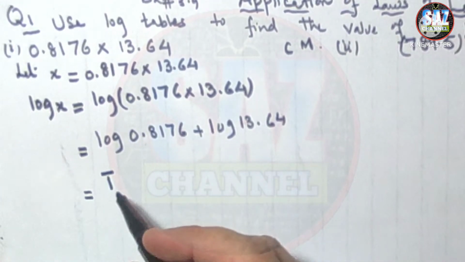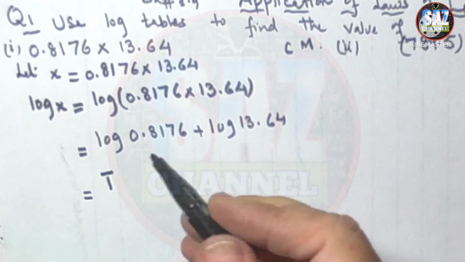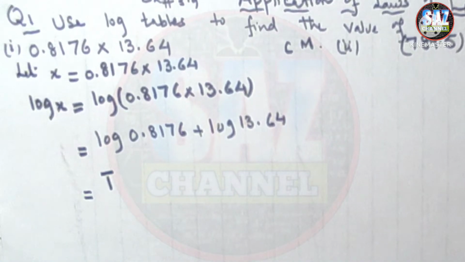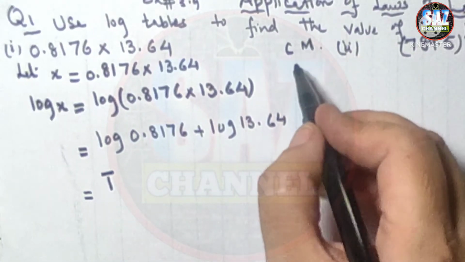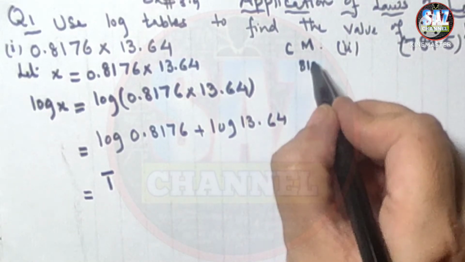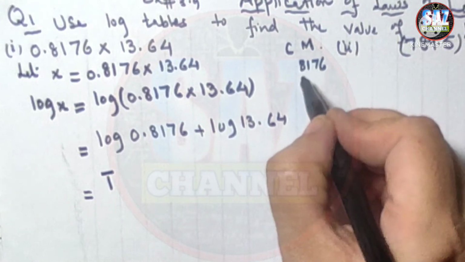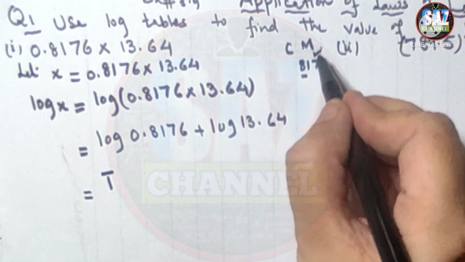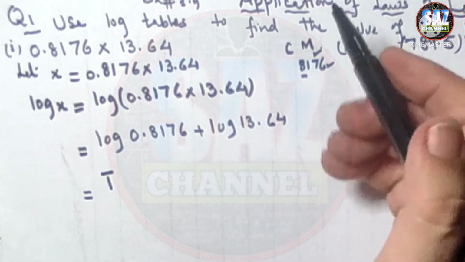And then we have to locate the mantissa as well. For the mantissa, we have to move in the log table, and we have to locate 81 in the column of 7 and then in the difference column 6.